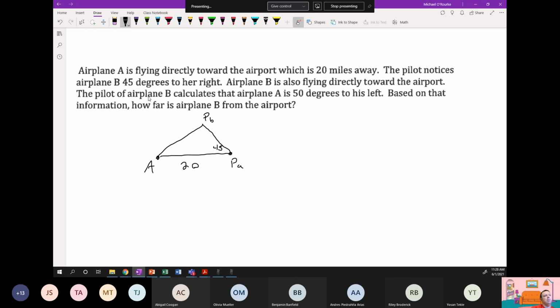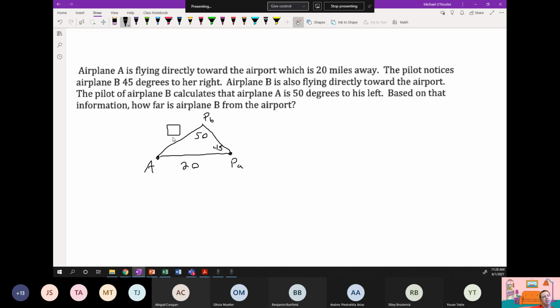Here's plane B. And she calculates that airplane A is 50 degrees on her left. So we have 50 degrees here. Based on that information, how far is airplane B from the airport? So we're looking for this number here.